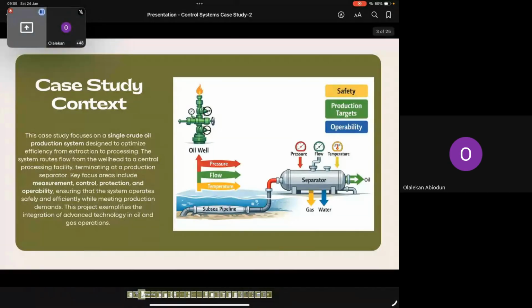Feasibility studies happen at the very beginning, immediately after you conceive the project. And then during detailed engineering, you now have maybe youth restiveness in the environment where you are supposed to do your project. And you analyze the situation.